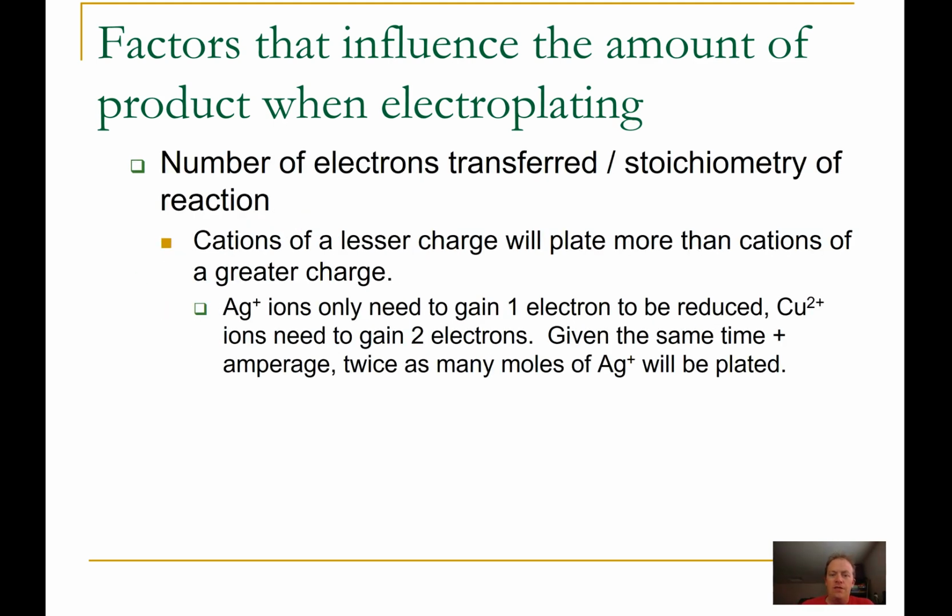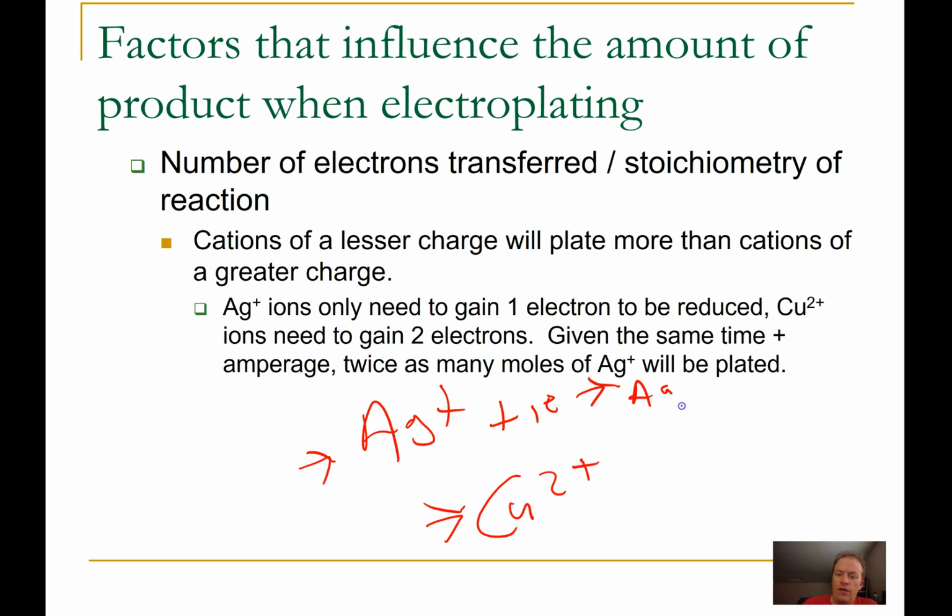Another factor that's a little bit more subtle is the charge of the ion. If you have silver ions and, in a different situation, you have Cu+2 ions, and you're trying to plate silver in one case and Cu+2 in another, the silver only needs to gain one electron to become regular elemental silver, whereas the copper needs 2 electrons.